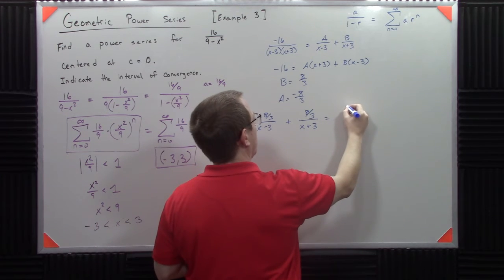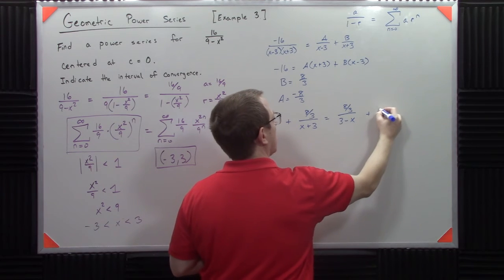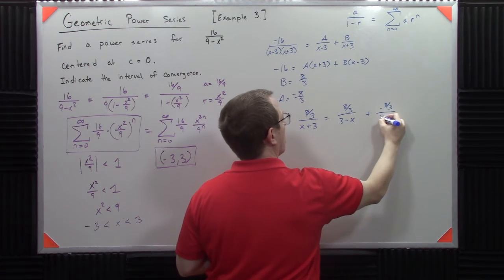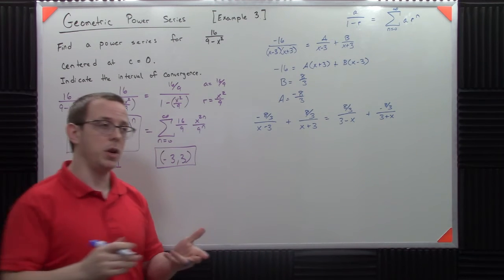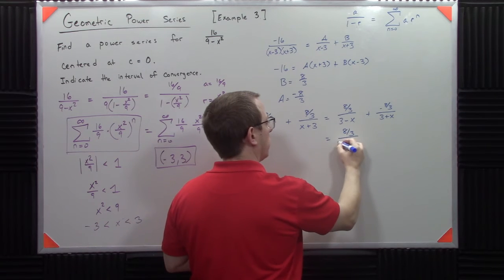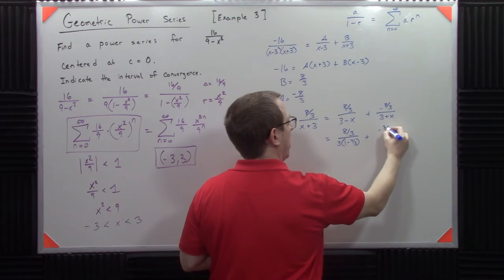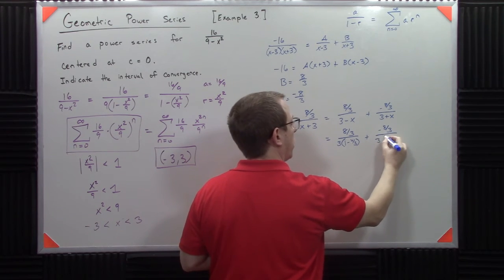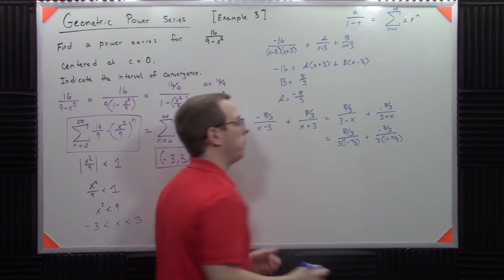This is going to be 8/3 over 3 minus x plus negative 8/3 over 3 plus x, at which point I have to factor the denominators to get 8/3 over 3 times 1 minus x over 3, plus negative 8/3 over 3 times 1 plus x over 3.